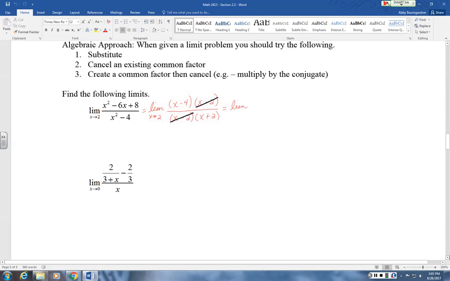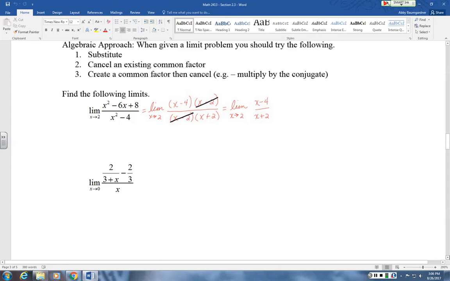I expect students to rewrite the problem before they attempt to substitute again. All right, so I do need you to rewrite without those cancellations in there. So rewrite it, x minus 4 divided by x plus 2 as x approaches 2. Once you have canceled, then you go back and you try to substitute.